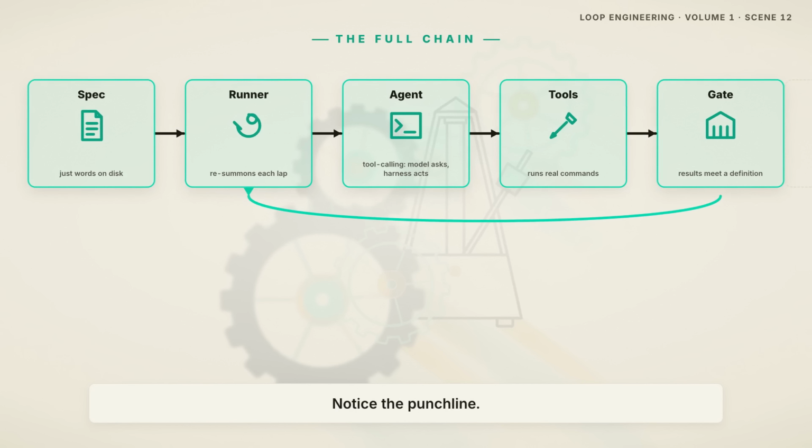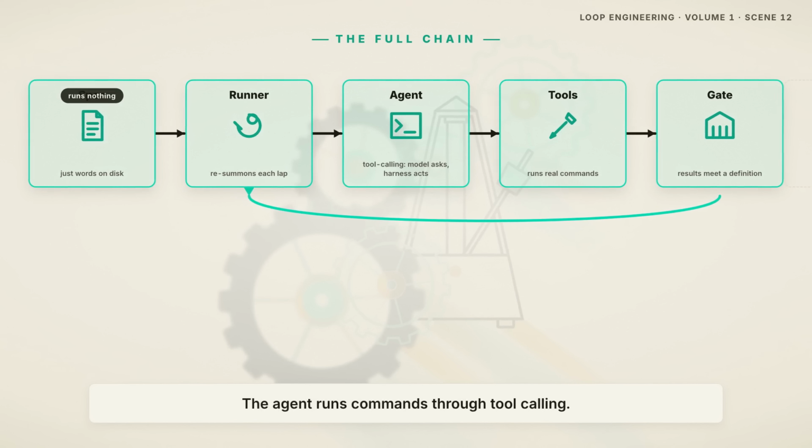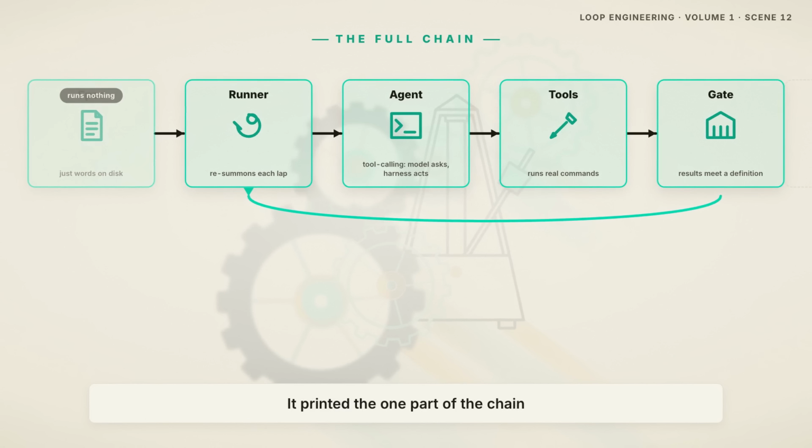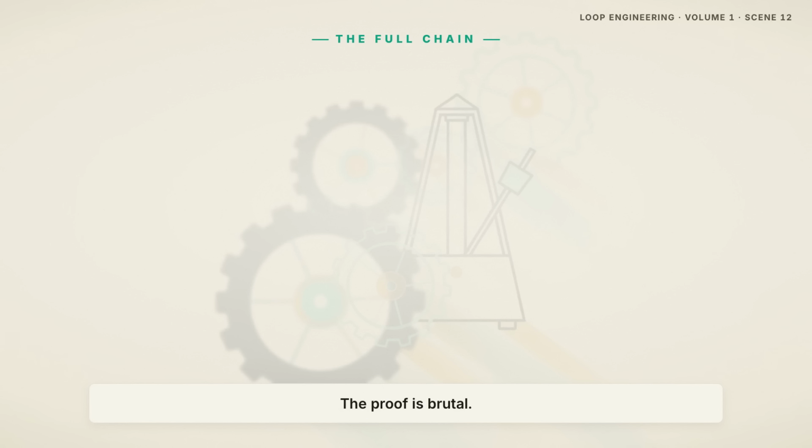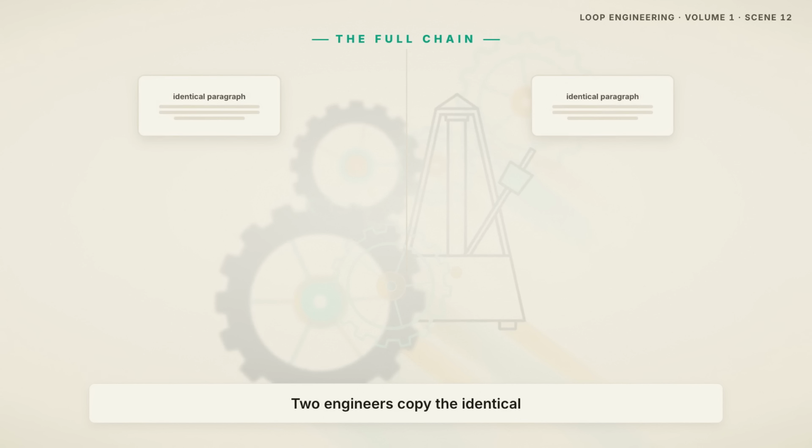Notice the punchline. The loop never runs a command in its entire life. The runner resummons. The agent runs commands through tool calling. The specification just describes. That is why the catalog page looked empty. It printed the one part of the chain that does no work. The proof is brutal. Two engineers copy the identical paragraph, word for word.